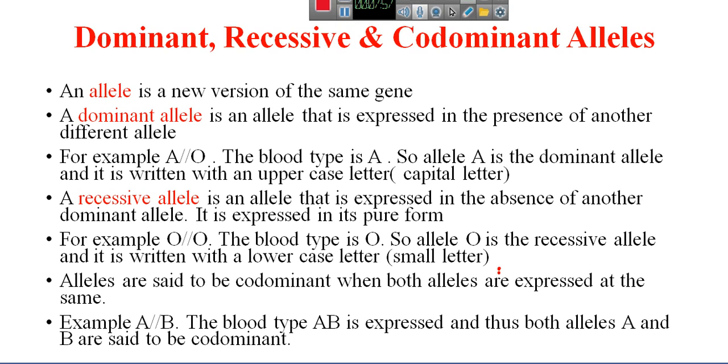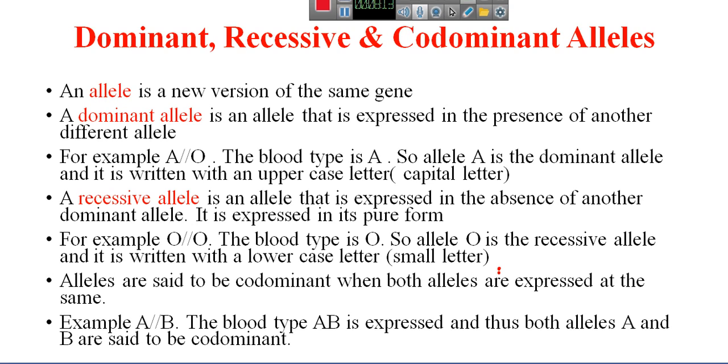However, when we are talking about codominant alleles, codominant, not only dominant, it means that we're talking about two alleles which are both expressed at the same time, like the case of blood type AB.